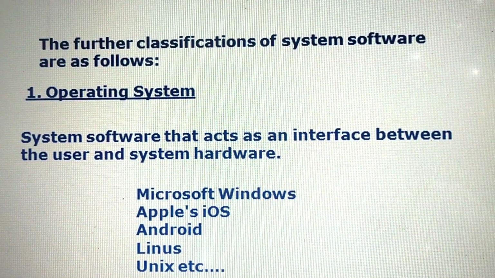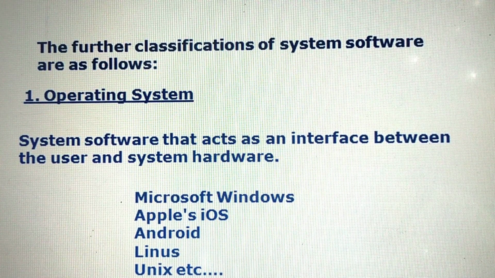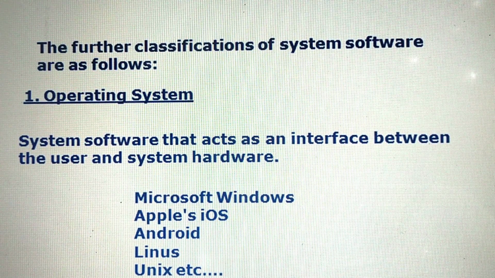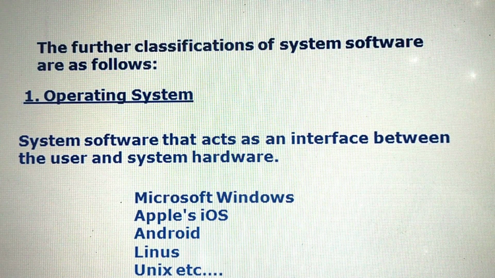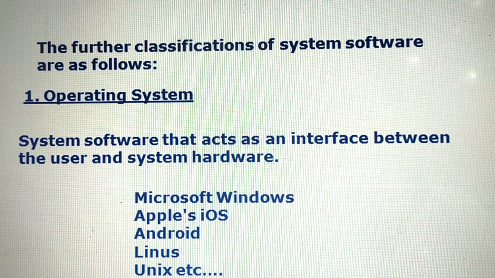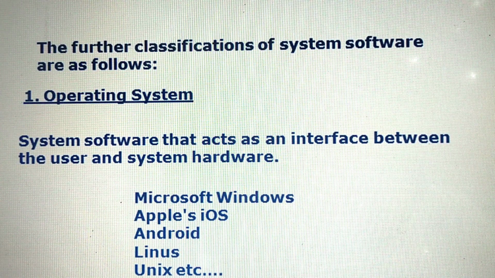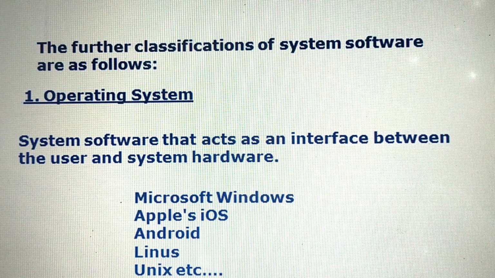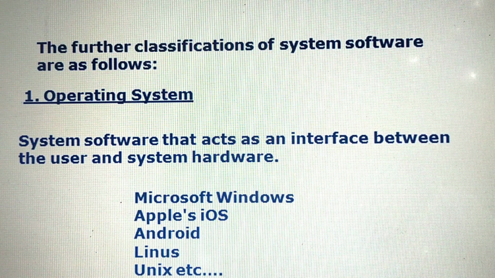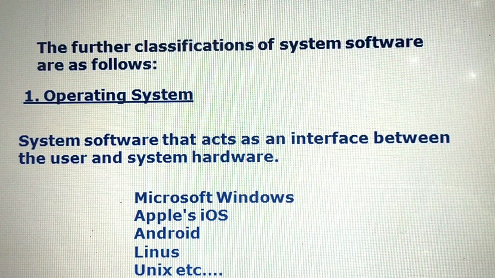Let us see why we need an operating system. If the user wants to communicate with the computer, we require some mediator. Why do we need a mediator? Computer is an electronic machine. It understands only binary language, which is made up of zeros and ones. We human beings cannot understand binary language.